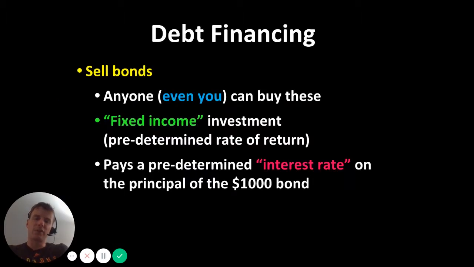So let's take a look at what that might look like in a very simplified case from the perspective of an investor, somebody that bought a $1,000 bond from Duke Energy. In particular, we're going to look at how that investment of $1,000 would pay interest over time.